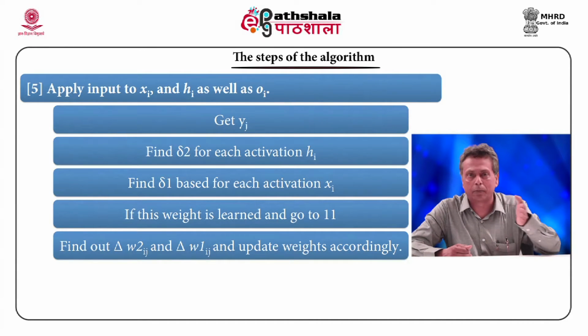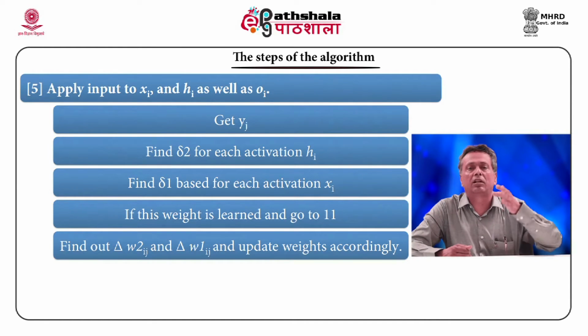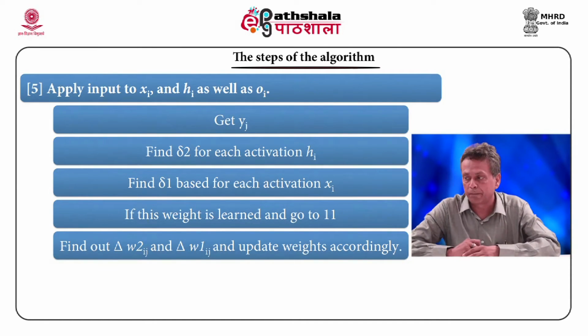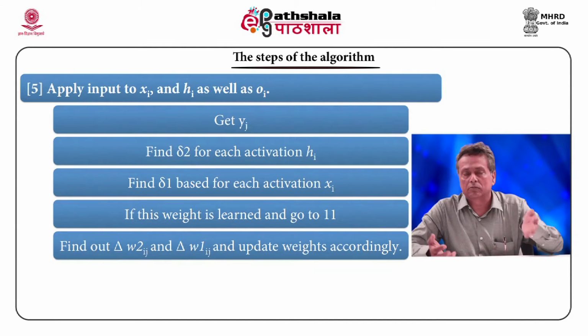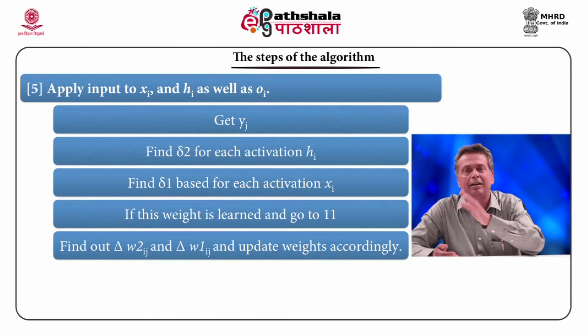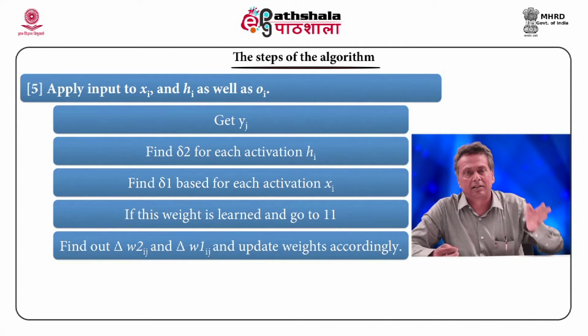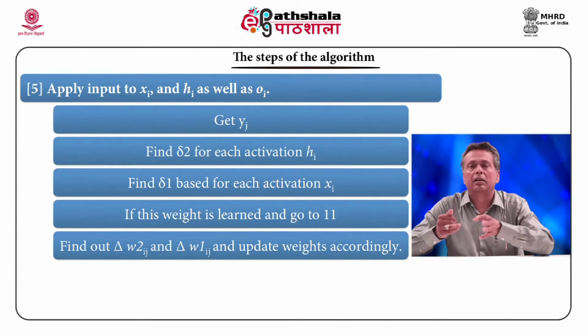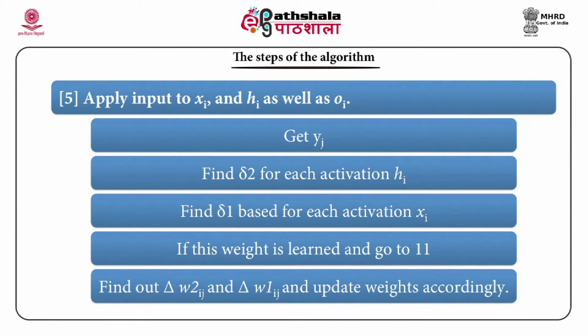That weight update process also uses eta as well as alpha, as we have seen before. Once you do that, first of all you decide the W2 ij and then W1 ij, and then update the weight by old weight plus this delta, old weight plus alpha into delta, and so on and so forth, which we have already seen.